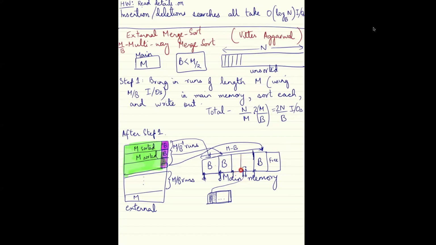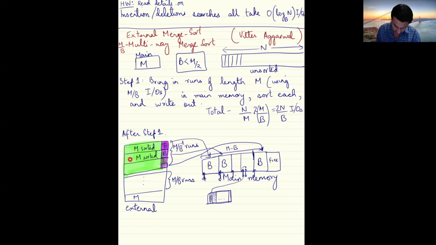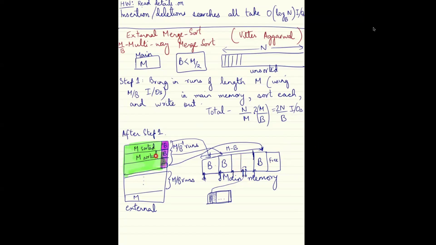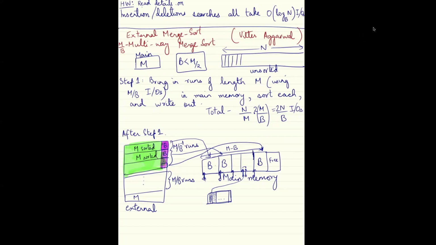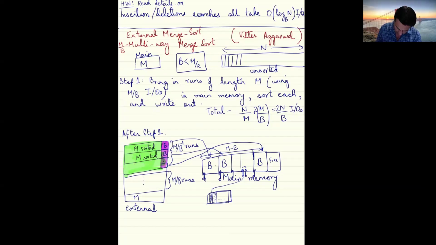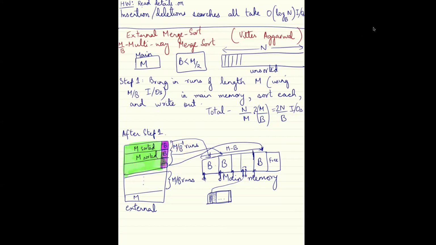That block was from some run. You bring in a block from that run and continue doing the same procedure, and you keep doing it until you have brought in all the blocks of all of these runs. I see.